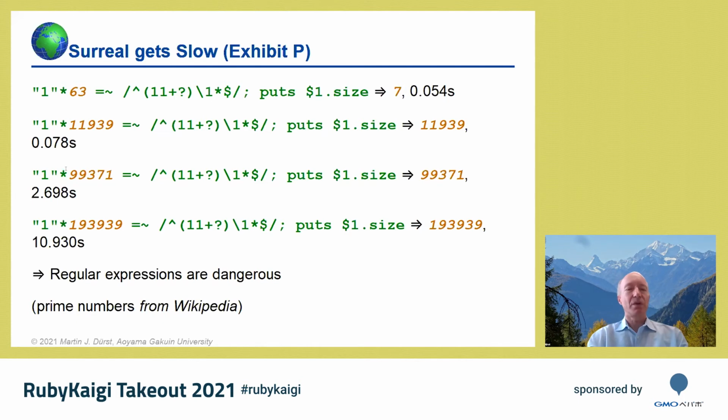As a general estimate, this 99,000 is about half of this 190-something thousand, and the time is about 4 times, so double the input and 4 times the time. This means it is about quadratic. And this is a very silly, surreal example showing that regular expressions are dangerous and they can get dangerously slow.